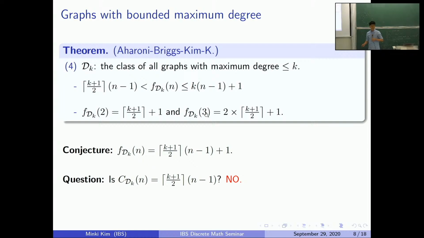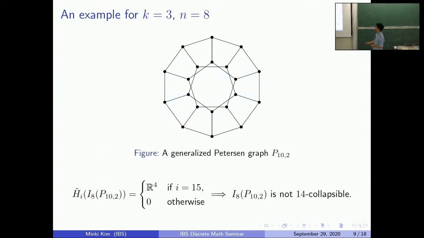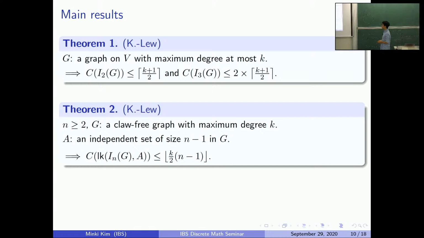But our main result is to give a partial solution for this conjecture, still using some collapsibility number result, but not for I_n of G itself, but for some special subcomplex of I_n of G. So here are our main results.